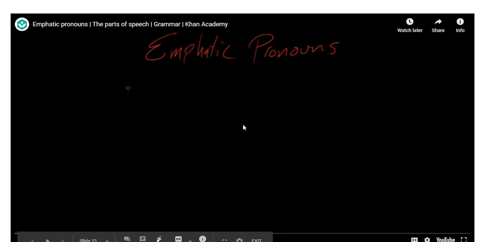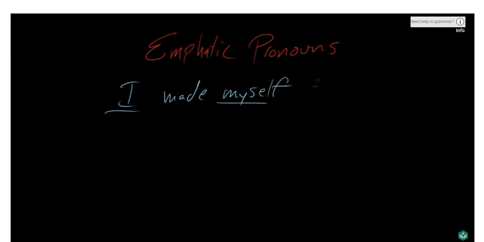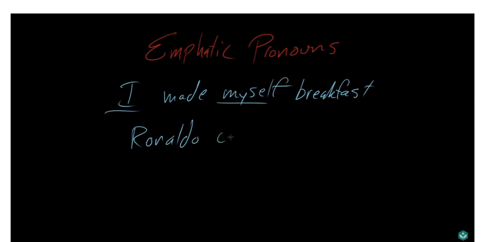Alright, grammarians, so we know that there's one way to use this thing we call reflexive pronouns, and that's to say you're doing something to yourself. As in the sentence, I made myself breakfast. Or in the sentence, Ronaldo cut himself shaving.